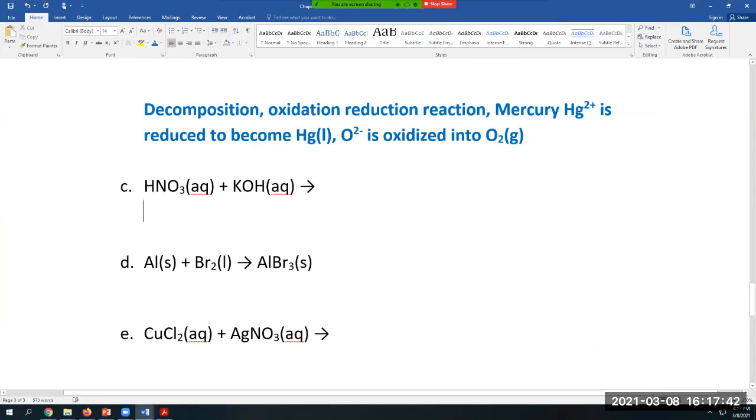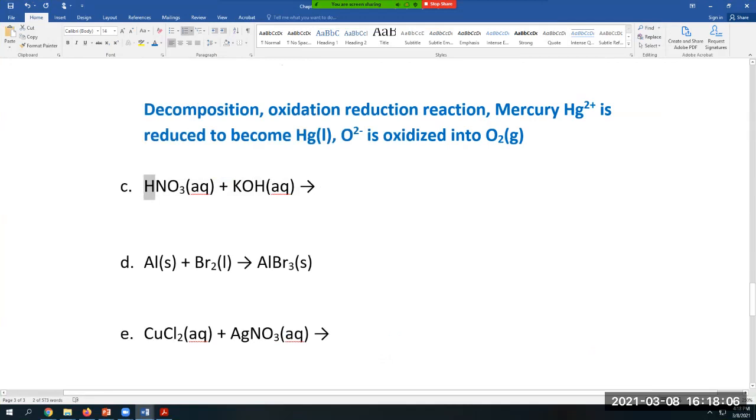So next example, we have HNO3 aqueous plus KOH aqueous gives, and here we need to finish writing the equation. You probably recognize this as an acid because we have H first in the formula. So that tells you this is an acid.